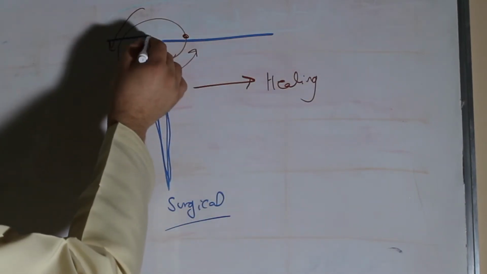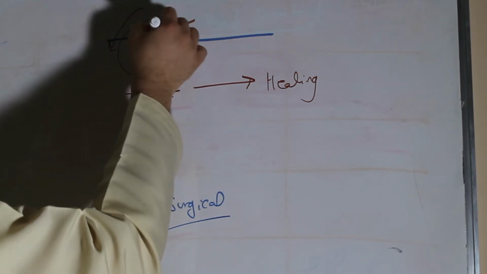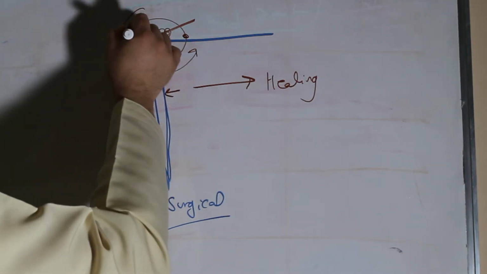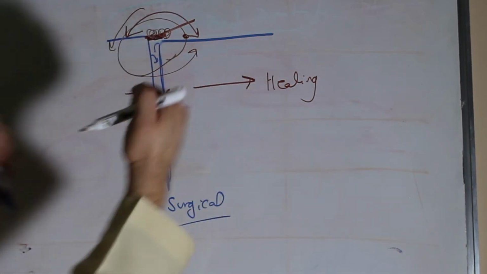Maybe by some types of dressings, called glue dressings, special dressings, or the steri-strip dressing, that patch comes from here to here and closes the edges to each other.